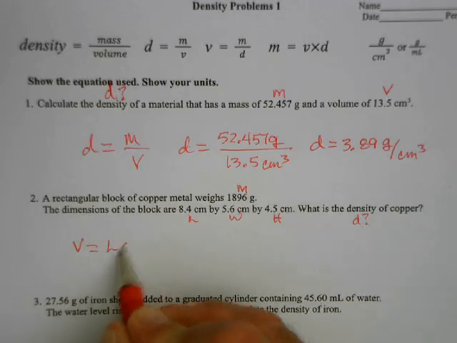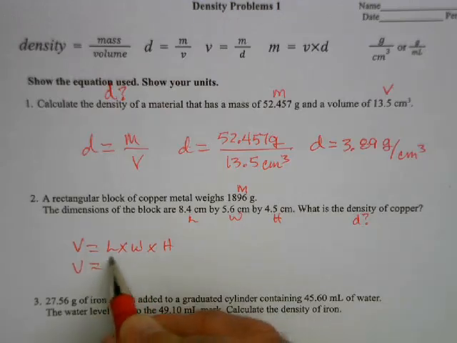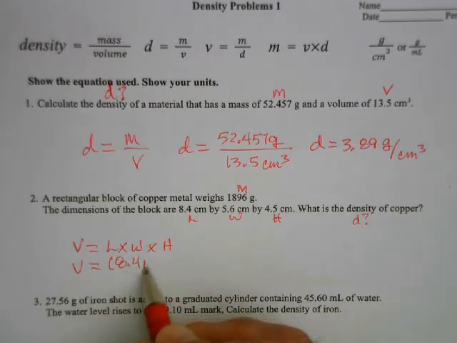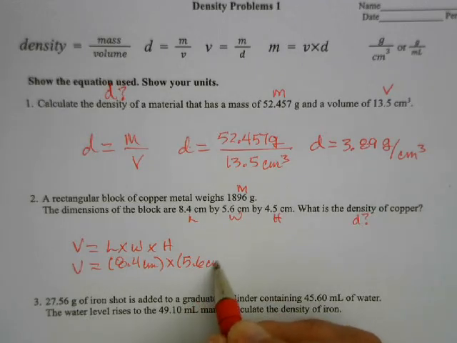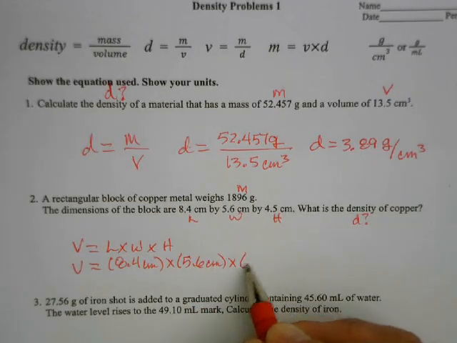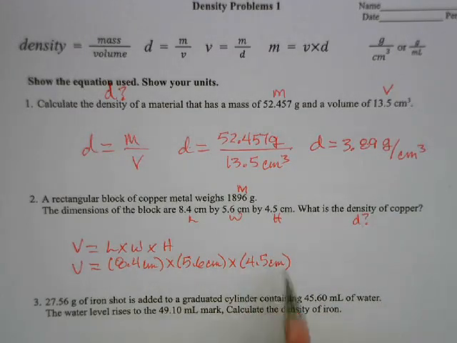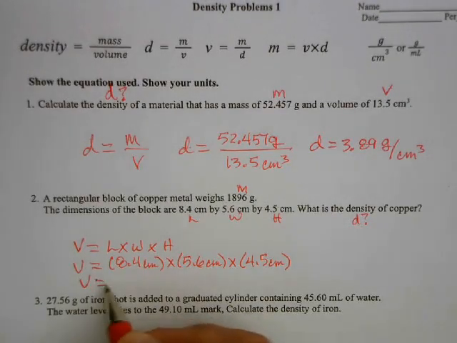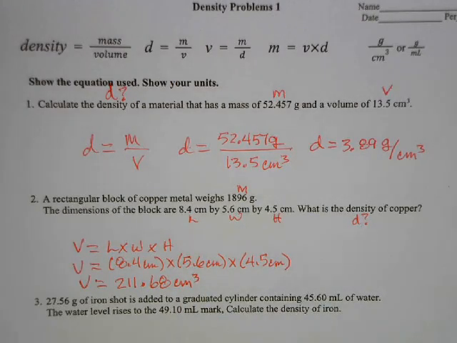Volume is length times width times height. So my volume is going to be the 8.4 centimeters times the 5.6 centimeters times the 4.5 centimeters. And because I have centimeter times centimeter times centimeter, I'm going to get centimeters cubed. So my volume comes out to 111.68 cubic centimeters. It might have more digits on my calculator, but that's good enough.